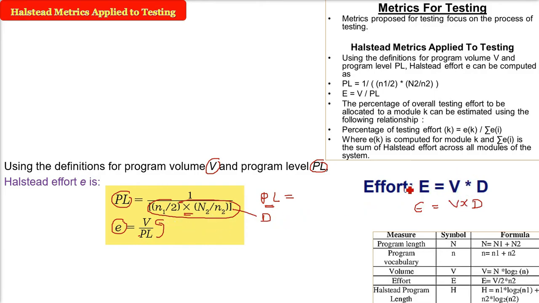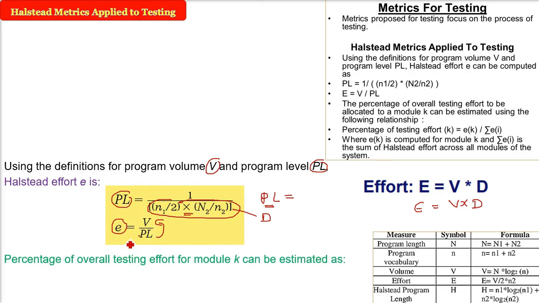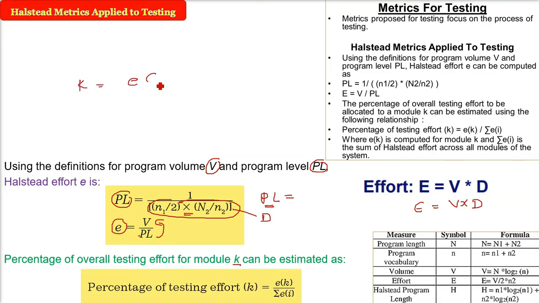Now this can be used to find out the effort, and this can be done for the whole software in terms of testing: how much effort you are going to put in. So the percentage of overall testing effort for a certain module K, with the Halstead metrics, can be computed like this. It is given by EK divided by the summation of EI.